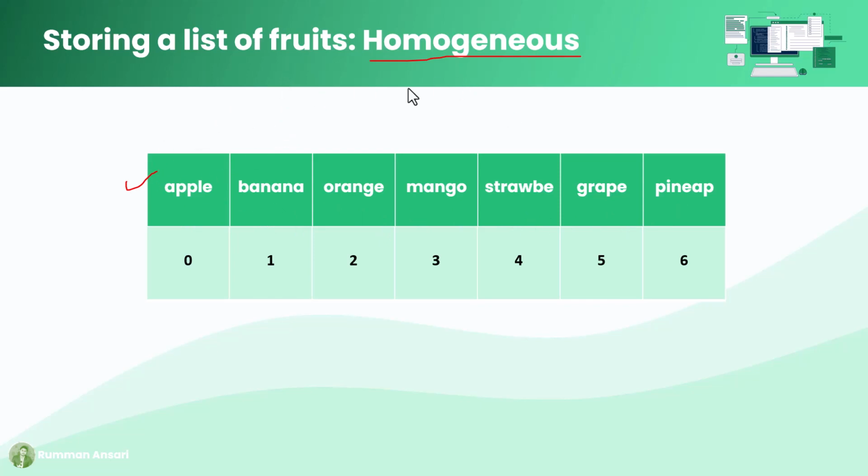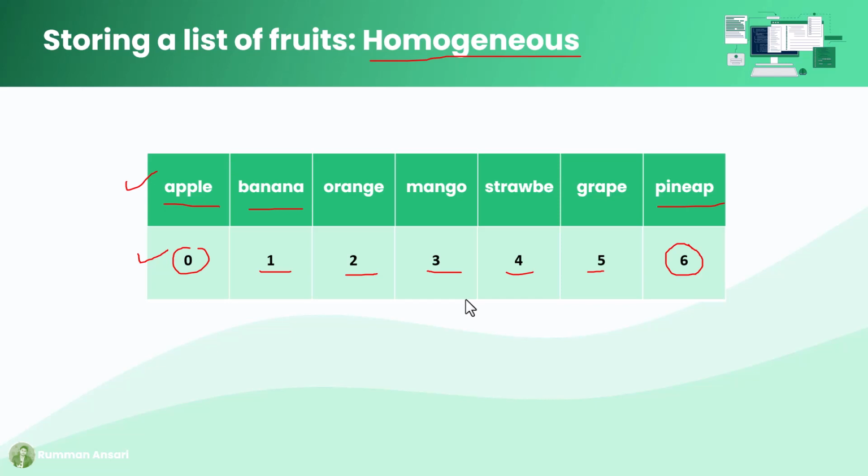That's why it's a homogeneous list, and we can access apple with the index value 0, and the last element pineapple with the index 6. In the middle, banana is index 1, orange 2, mango 3, strawberry 4, and grapes 5. With this index you can access all these fruits.